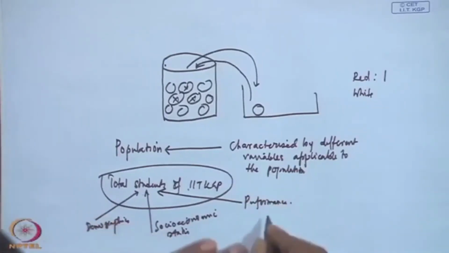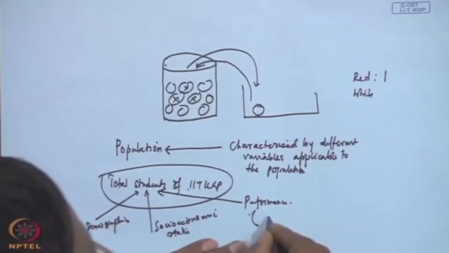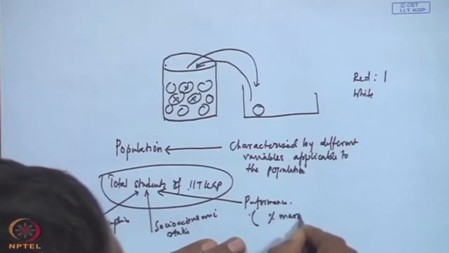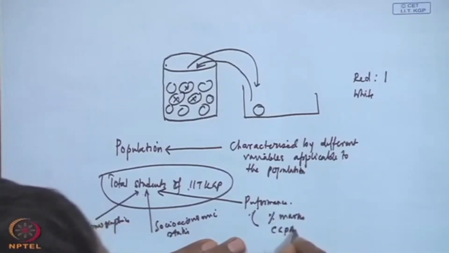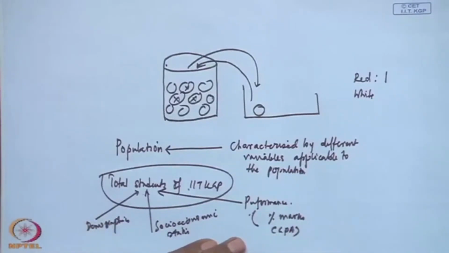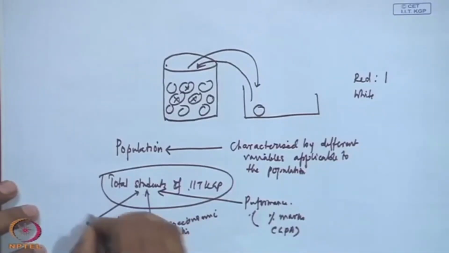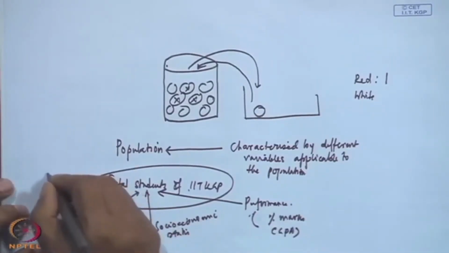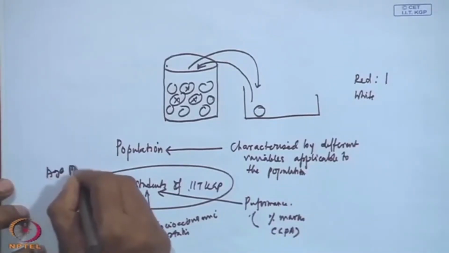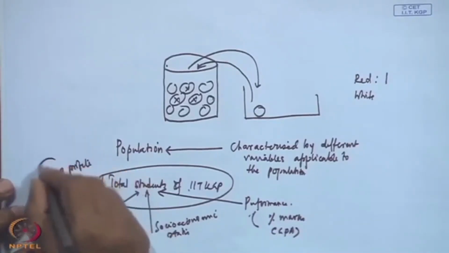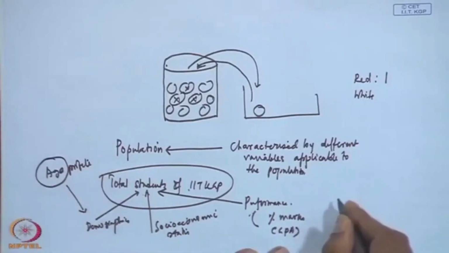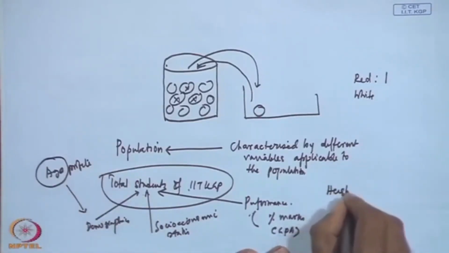So, for performance you may be interested to see the percentage of marks obtained or CGPA, cumulative grade point average, or related to demographics you may be interested in the age profile. Sometimes we may be interested to know their height profile.